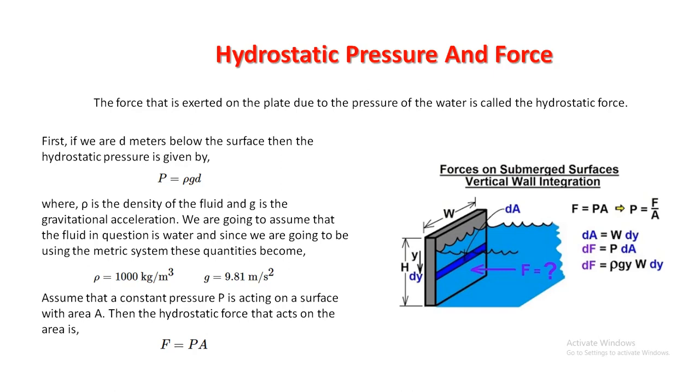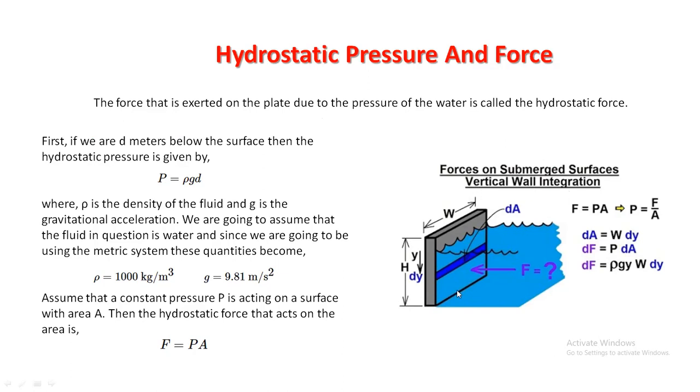Hydro meaning water. So what is the force that water is exerting on a particular object or material that is submerged? In the definition here, the material is a plate. Now, you have the illustration here on the right side. For forces on submerged surfaces, in this case, we have to use vertical wall integration.